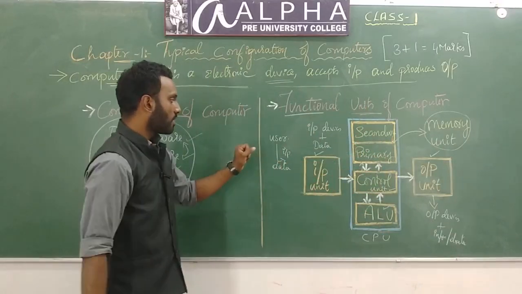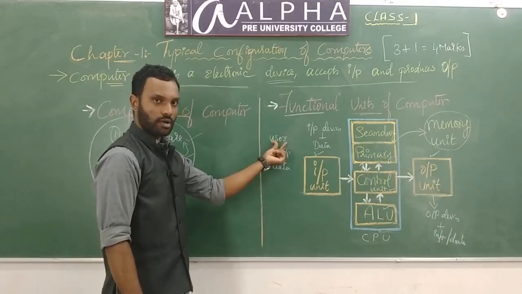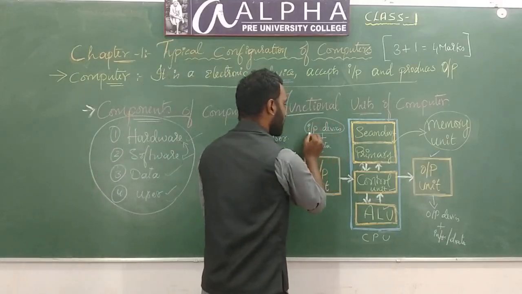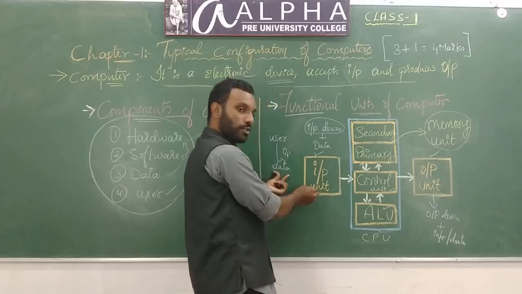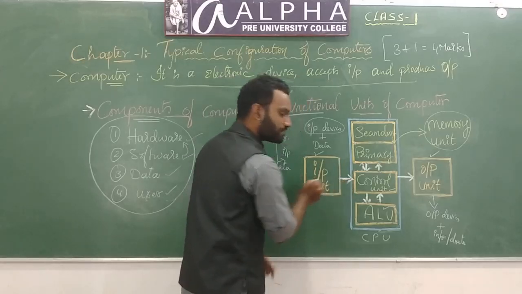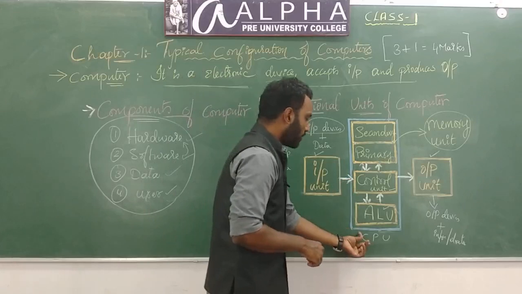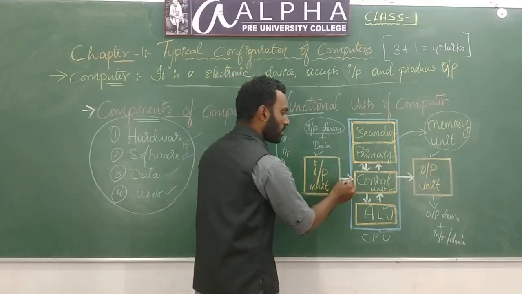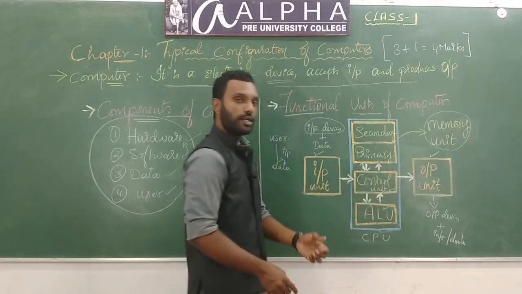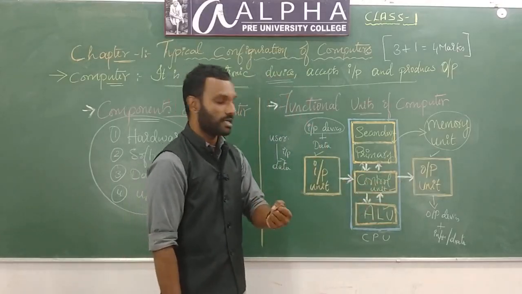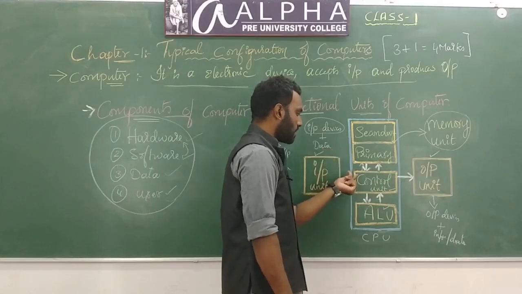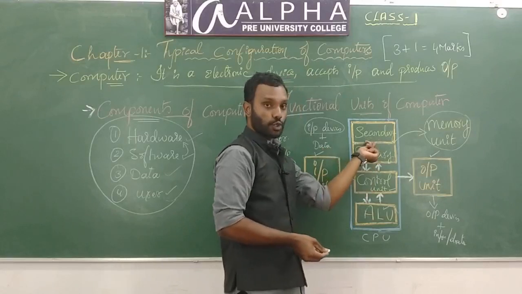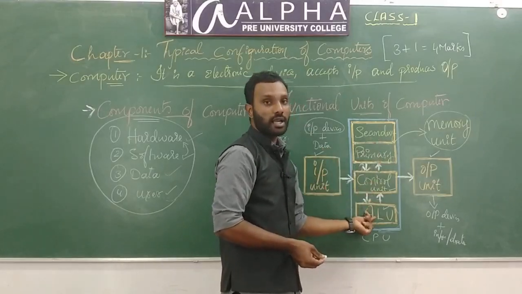Now as a user, I input data using input devices present in the input unit to the CPU. CPU takes the input given from the input devices. The control unit controls the flow of data, as I said earlier. It takes the input and checks whether the data has to be stored or calculated.